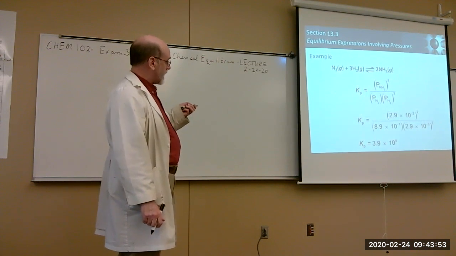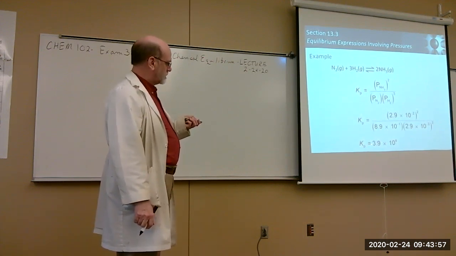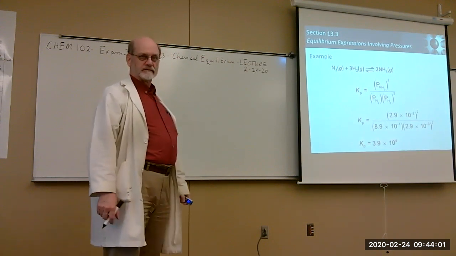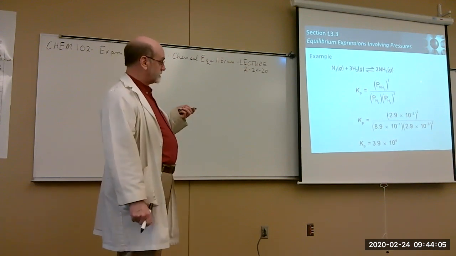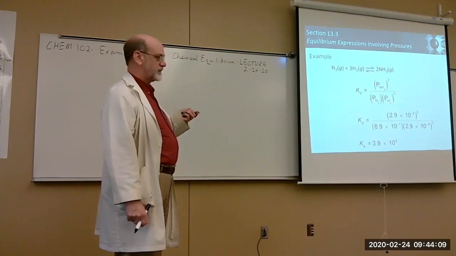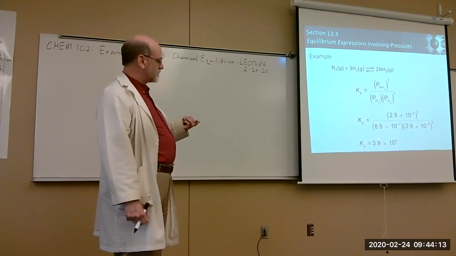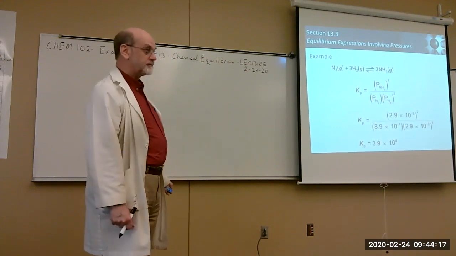That means for this reaction, the equilibrium is which direction? Far to the right or far to the left? Think about how it's calculated, right? Products on top, reactants on the bottom. So if it's a huge number, you would expect it to be favoring the products.